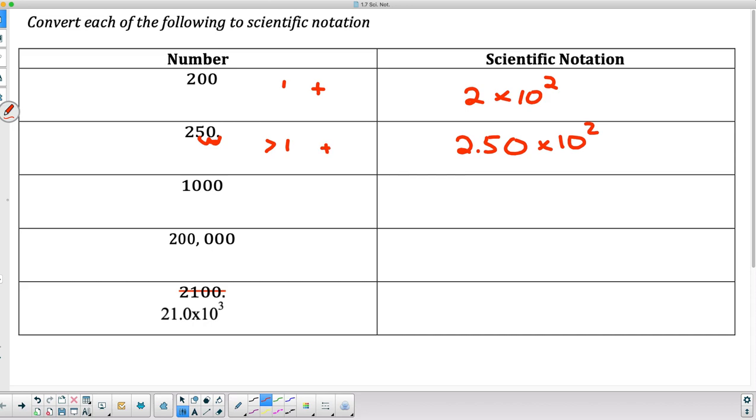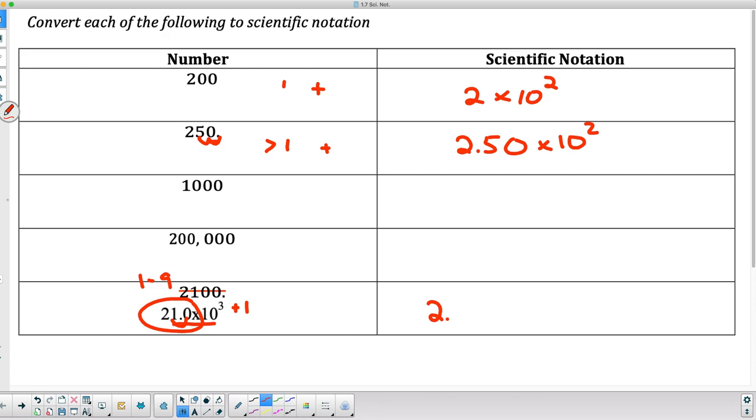Take a look at the bottom one. I want you to do the third and the fourth one. And down here at the bottom one, notice that 21.0 is not between 1 and 9, even though this number looks like it's scientific notation. This is actually not scientific notation. So when we have a problem like this, I move my decimal point one place to the left, and that means that I add one more onto my exponent.